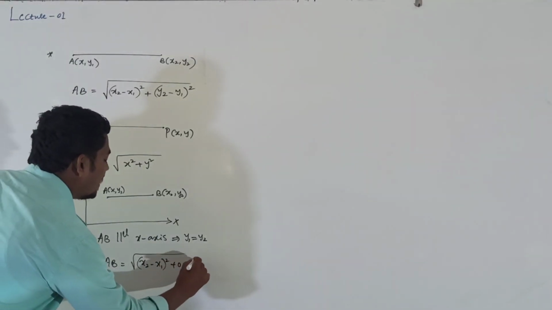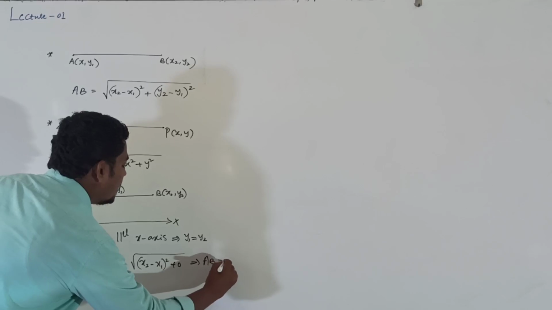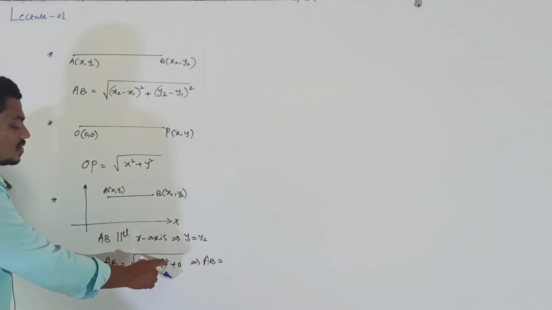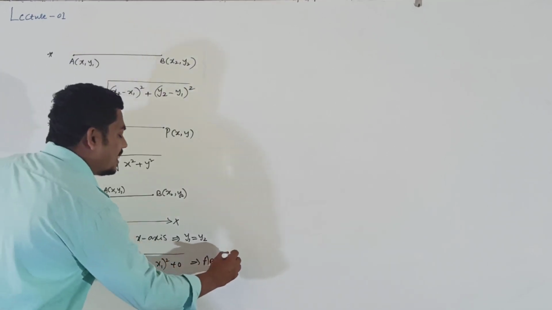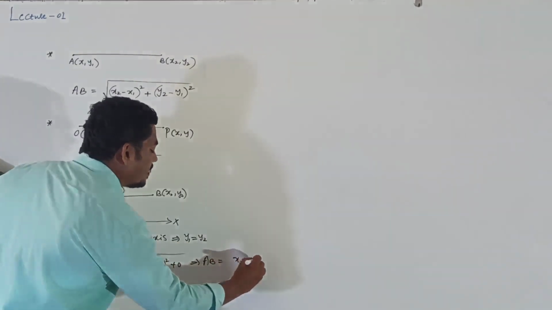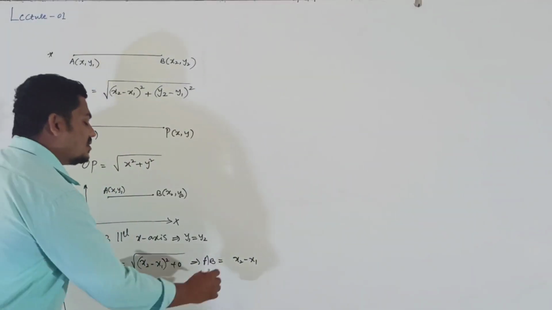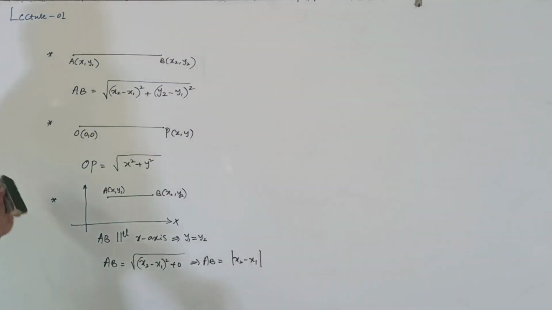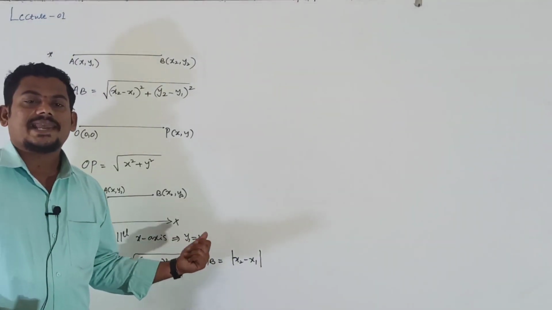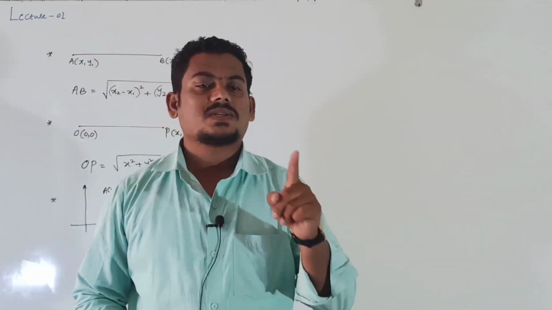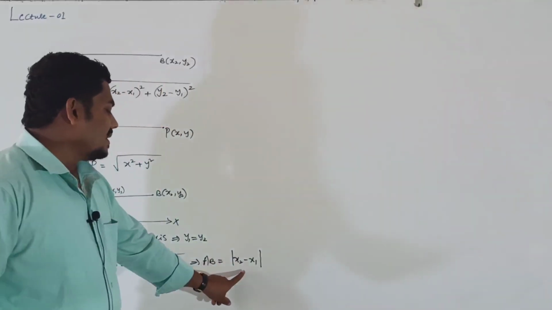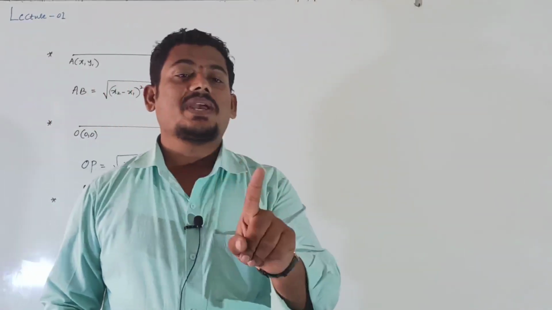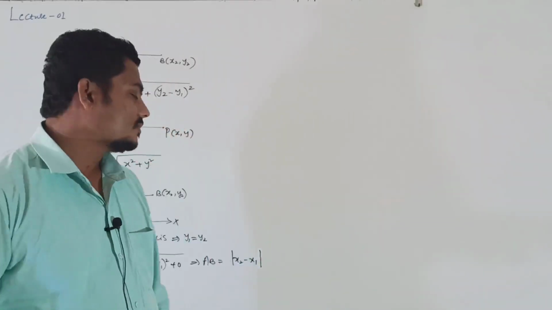Square and square root will get cancelled, remains with x2 minus x1. Because distance is positive, consider modulus sign. Distance between 2 points A of x1 comma y1 and B of x2 comma y2 is equal to modulus of x2 minus x1 when AB line is parallel to x axis.